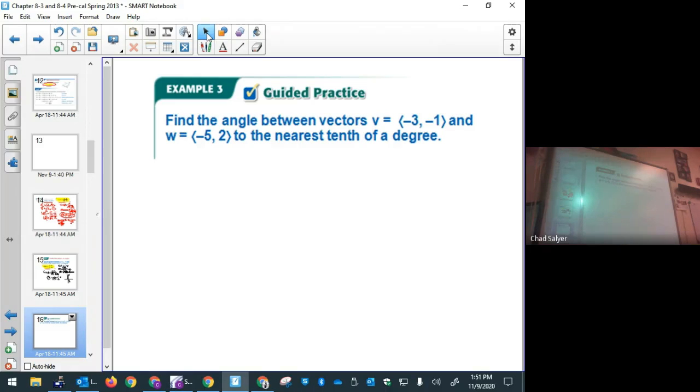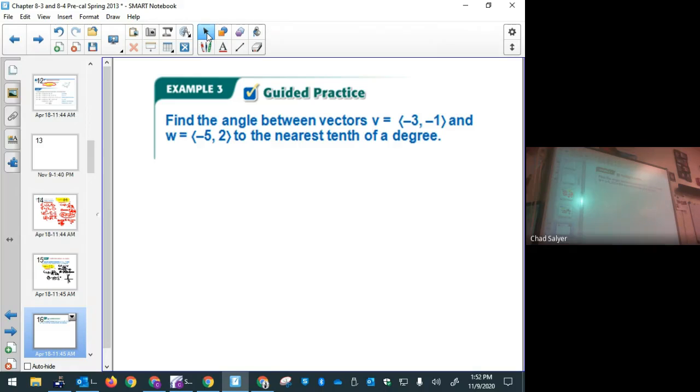So find the magnitude of, well, in this case, negative 3, negative 1. So the magnitude of each is the square root of 3 squared plus 1 squared.